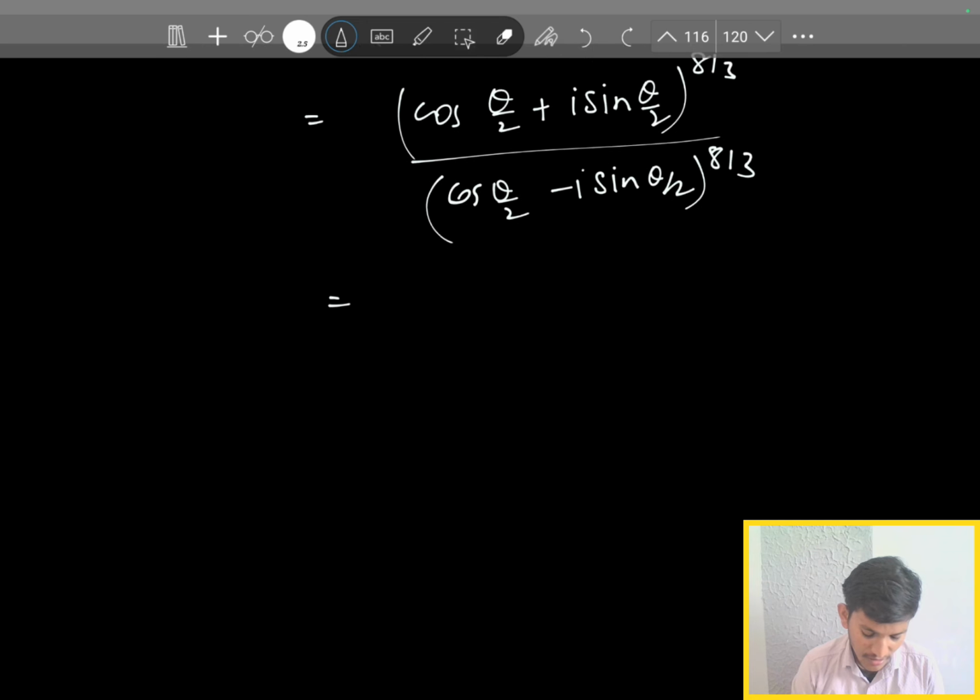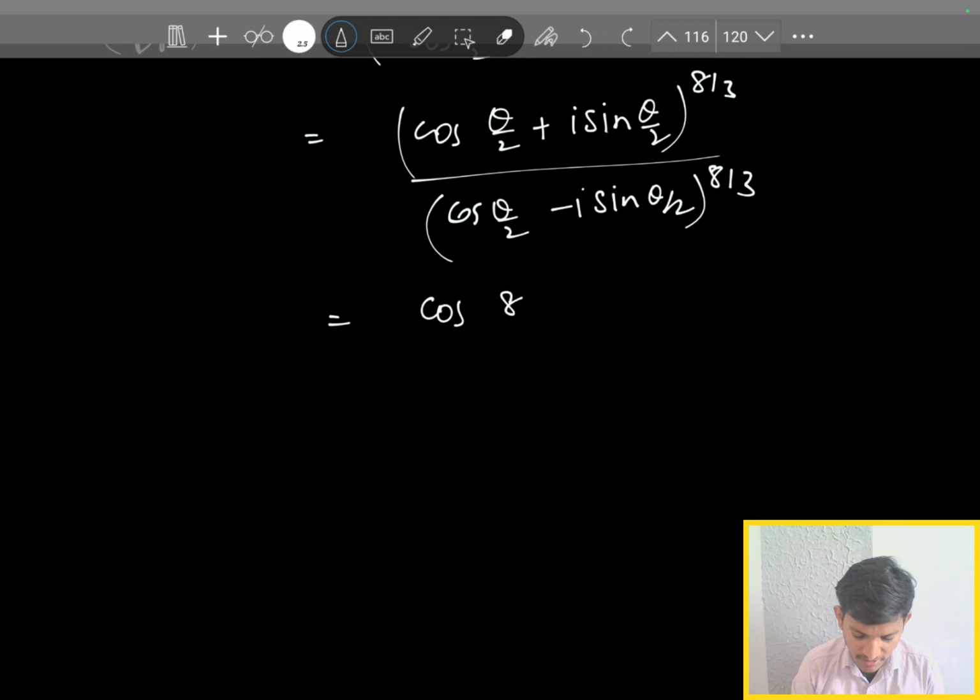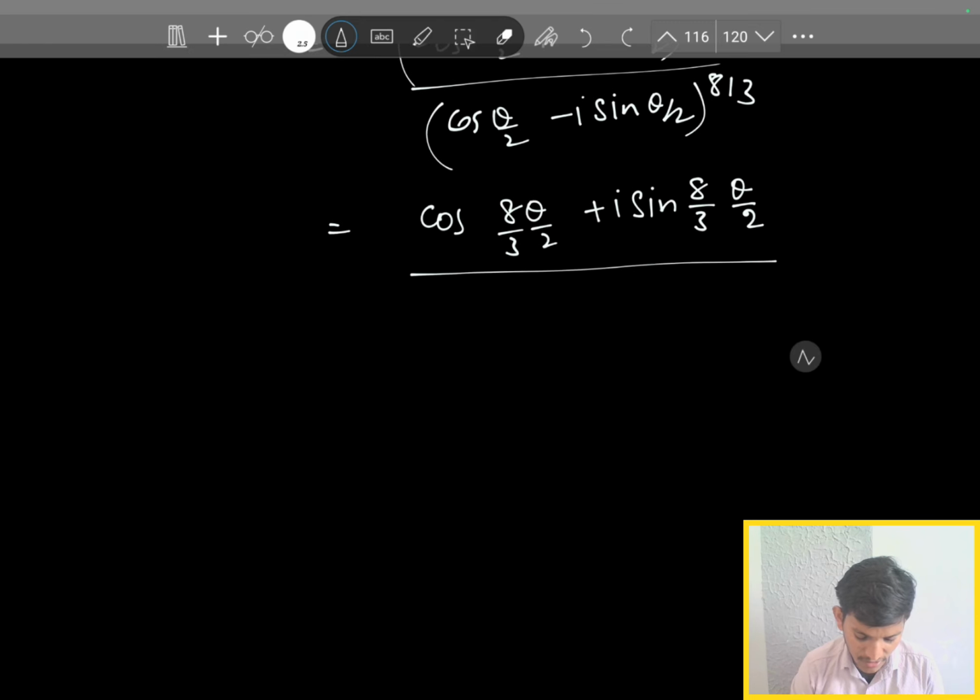Here we are using the formula, that is De Moivre's theorem: cos of 8 by 3 times theta by 2 plus i into sine of 8 by 3 times theta by 2, whole divided by cos of 8 by 3 times theta by 2 minus i into sine of 8 by 3 times theta by 2.